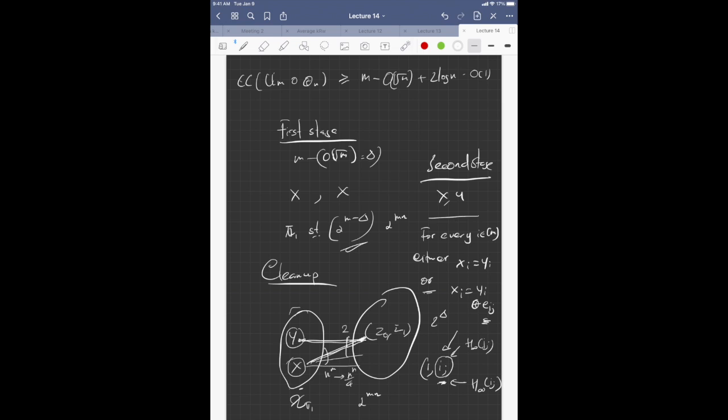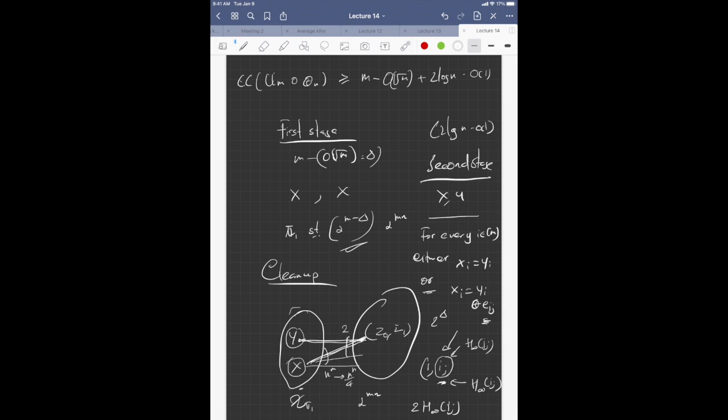So the total communication has to be twice H infinity of ij, and we argued that the min entropy of ij for any particular row is going to be at least log n minus a constant. So this would prove that the second round has to be 2 log n minus O(1). So this has to be 2 log n minus O(1).